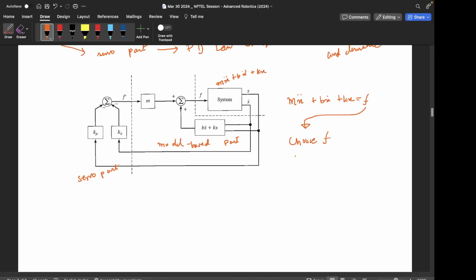So the aim of designing this f, one aim is to choose the model based part such that the system reduces to a unit mass system.